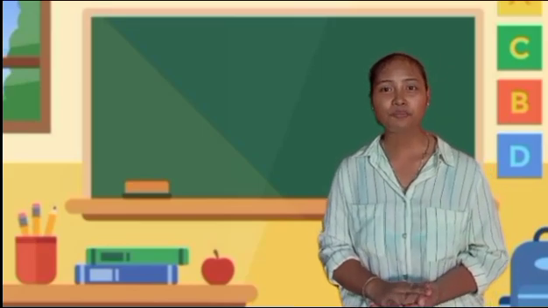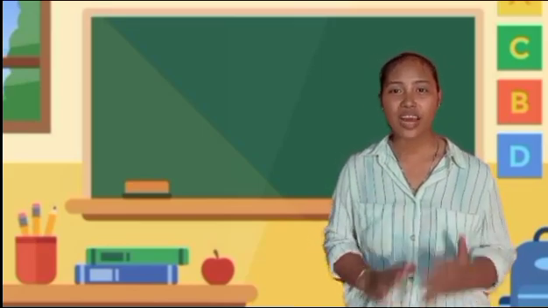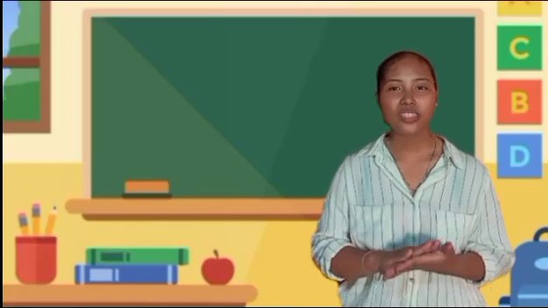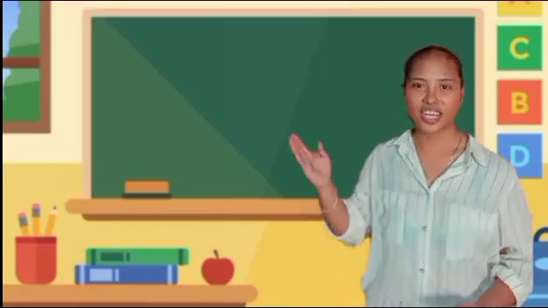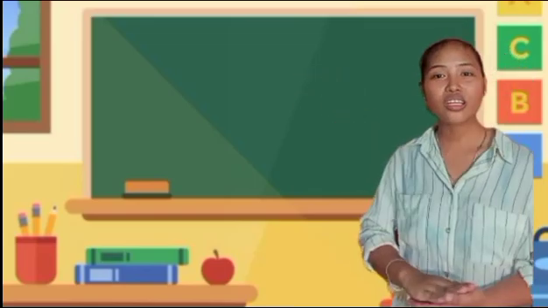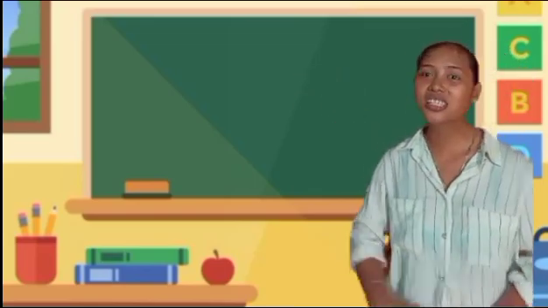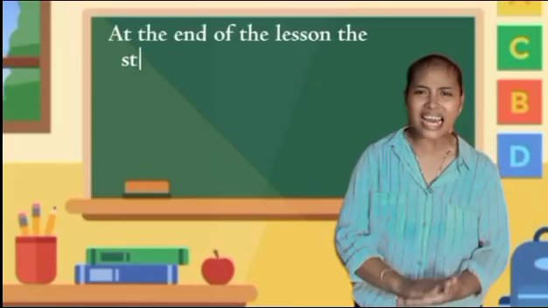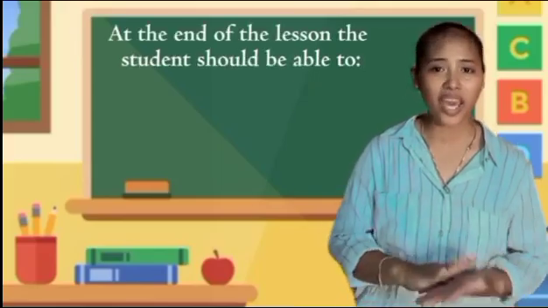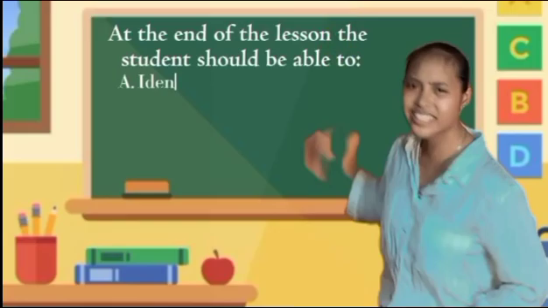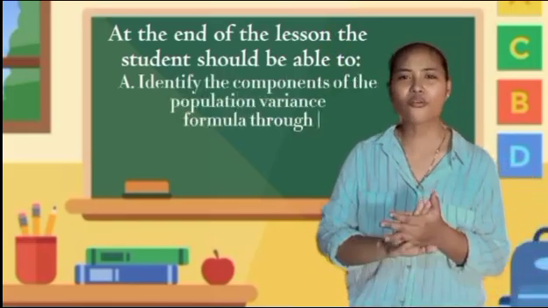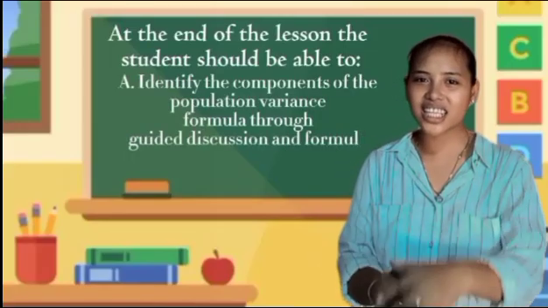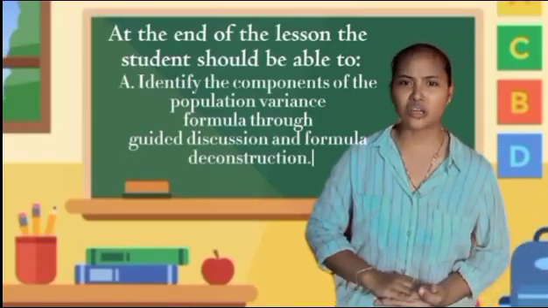Alright, so before we deep dive into our topic or lesson, let's have our learning objectives first. At the end of the lesson, the student should be able to: A. Identify the components of the population variance formula through guided discussion and formula deconstruction.